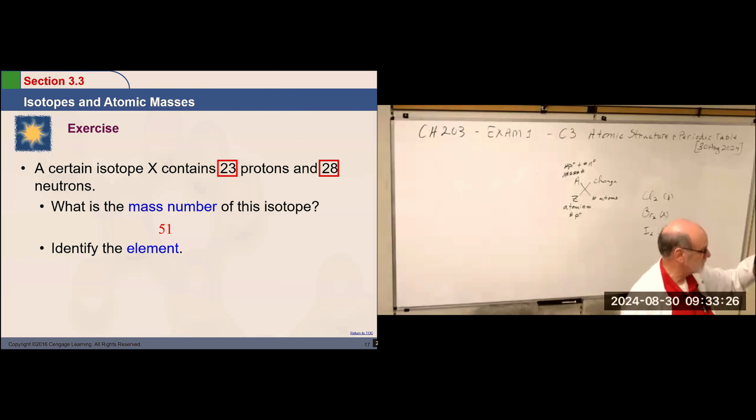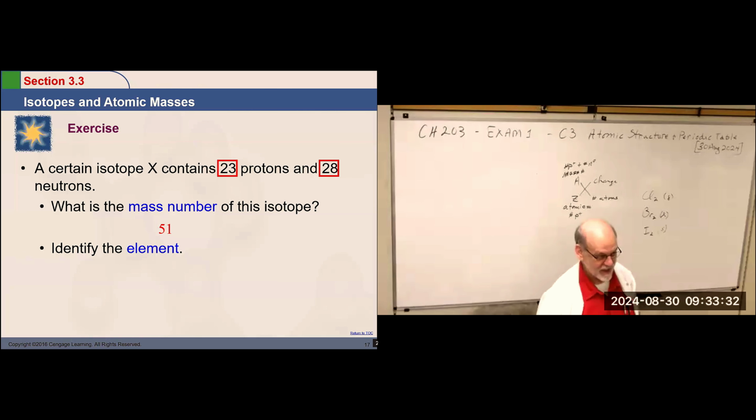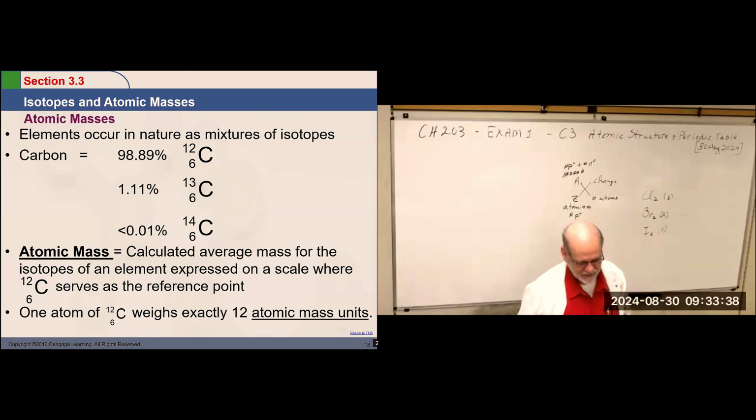So you can just move along until you find the right one, right? 23, which one is that? Vanadium, yeah. There you go, vanadium, V. So this atomic mass, this weighted average, is determined based upon the relative abundance of each of the isotopes.